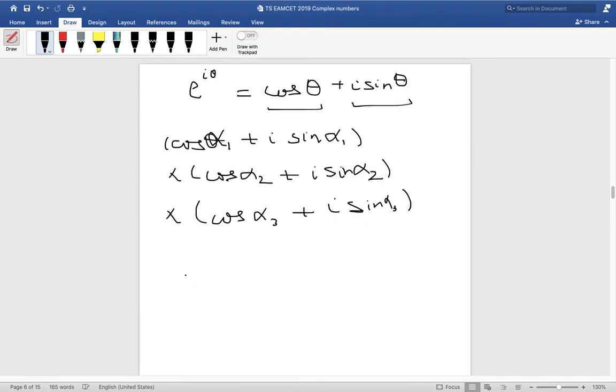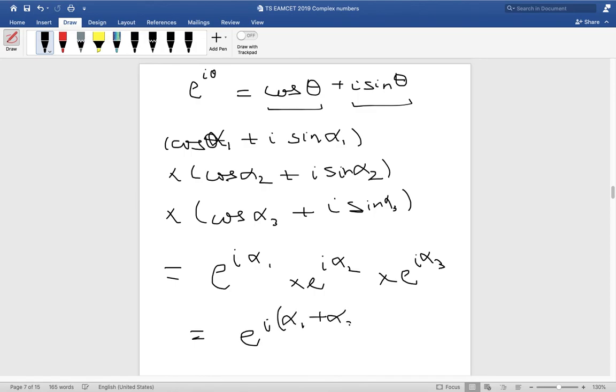This will be the product of the roots. So this is e to the power iota alpha 1 into e to the power iota alpha 2 into e to the power iota alpha 3, which will be equal to e to the power iota alpha 1 plus alpha 2 plus alpha 3.